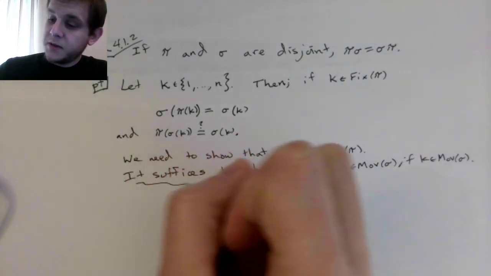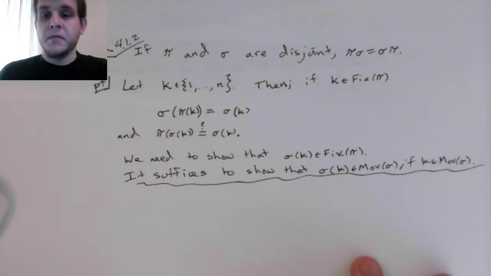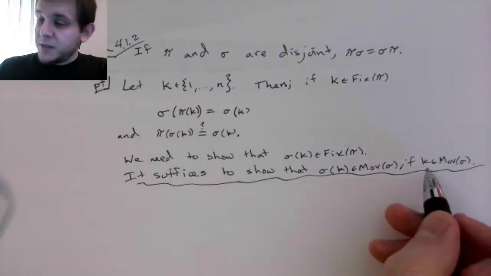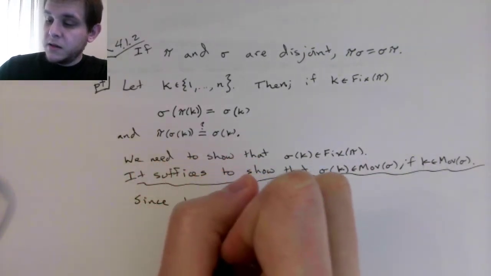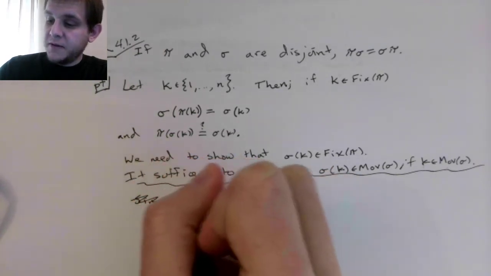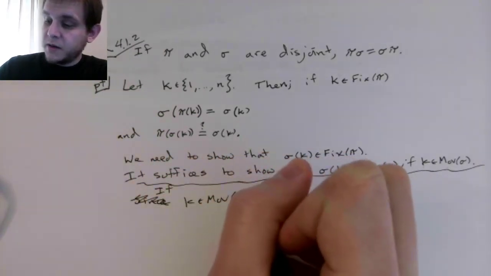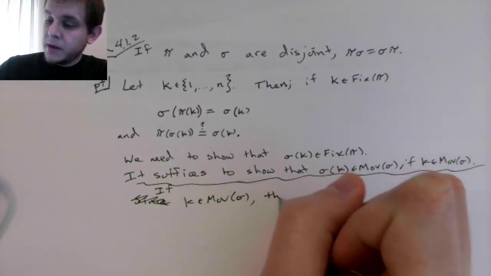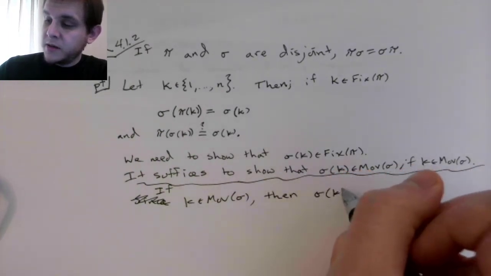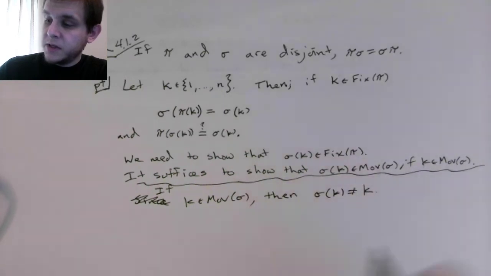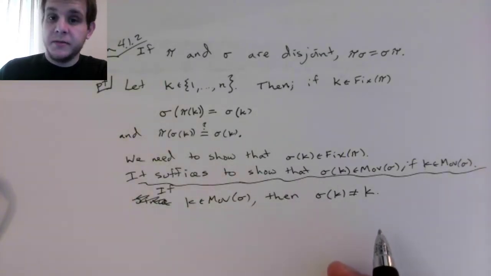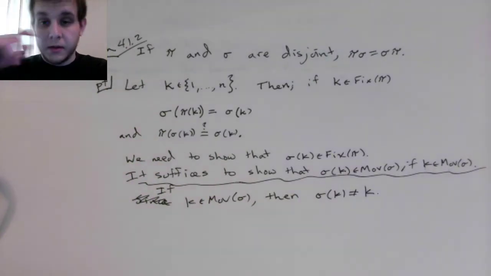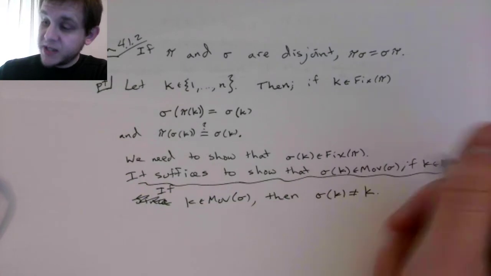So how do I show this? Well, my assumption is that k is moved. So if k is in the moved point set of sigma, then sigma of k is not equal to k. But sigma itself is a bijection, so I can apply sigma again to both sides of this inequation.